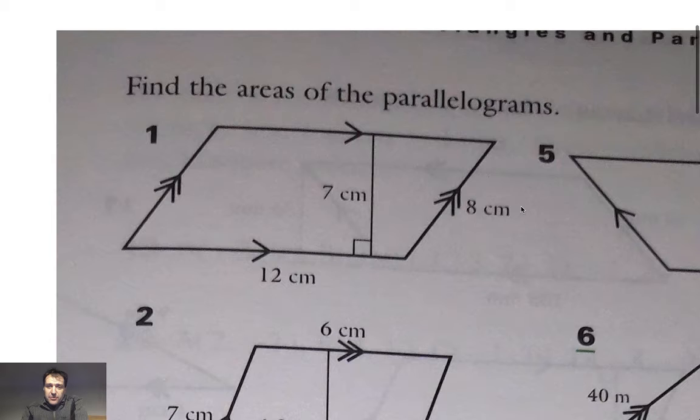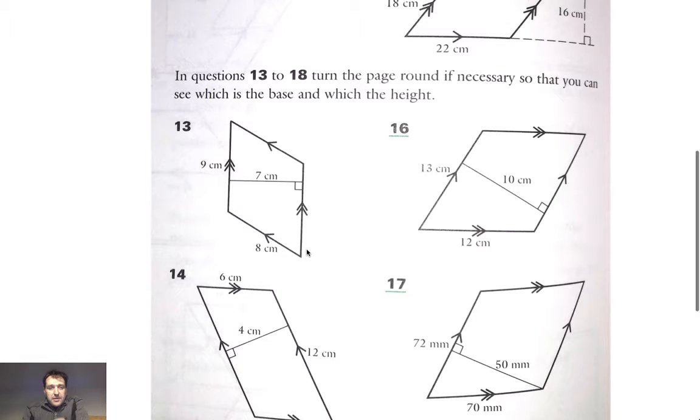There's some more information on there, that the slant height is 8. That's information we don't need. And when you get on to the later questions, if you get as far as question 13, you might have to turn the page around to figure out the area. Let's have a look at question 13. We've got a height, which is 9, a distance across it, which is 7, and a distance along there, which is 8.